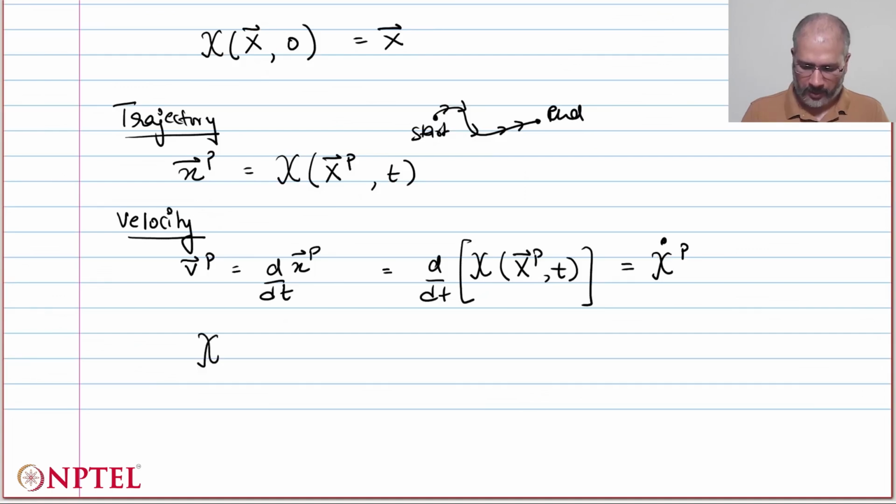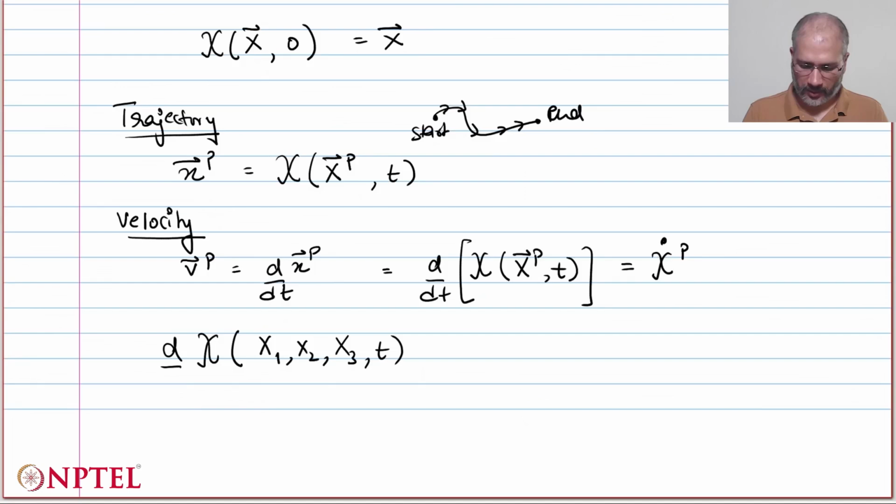Now, chi typically will be a function of X1, X2, and X3. That is the meaning of the position vector capital X, and time, of course.